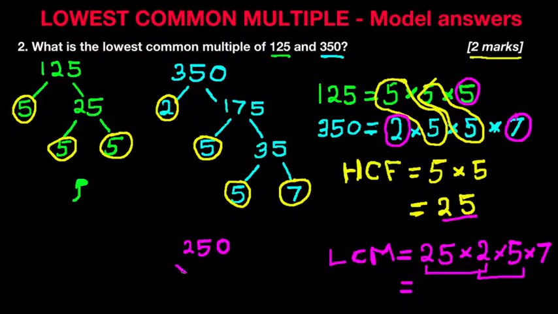And we just want to multiply this by the 7. So we have 0. 7 5s are 35. 7 2s are 14, and 3 is 17. So the lowest common multiple, let's write this down first, 1750.